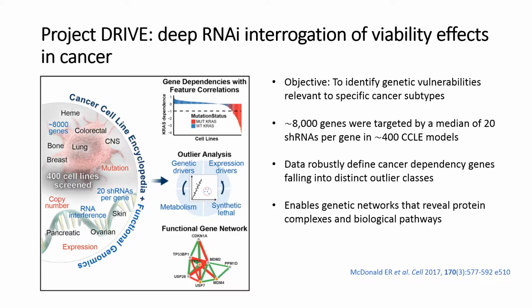The main objective of the study was to identify genetic drivers that drive cancer cell survival and proliferation. The way they identified those genes involved a method called RNA interference screen, or RNAi screen. Basically, what they did was transduce a pooled genome-wide lentiviral shRNA into a series of cancer cell lines, incubate them for a certain period of time, and then recover the sequence of the shRNA by next-generation sequencing.